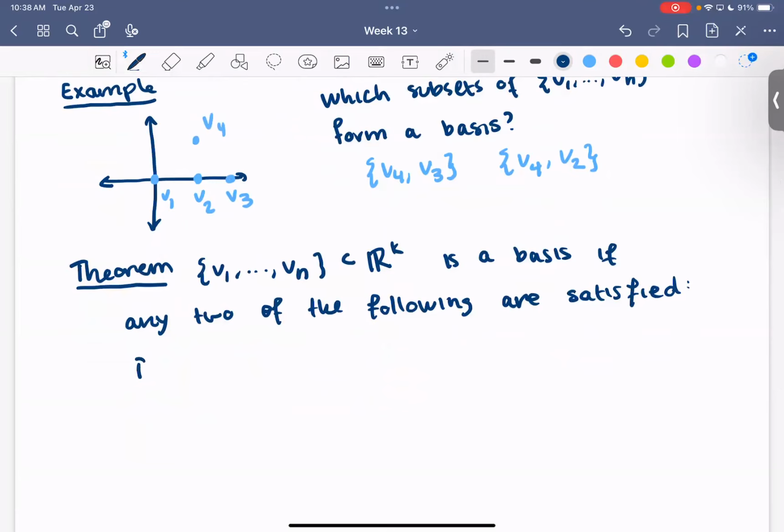The first one is that the number of vectors n has to equal the dimension of the space, k. Two, the set is a spanning set.